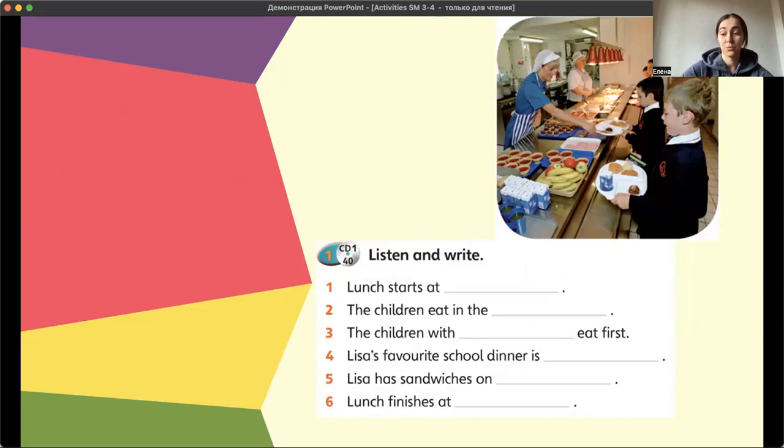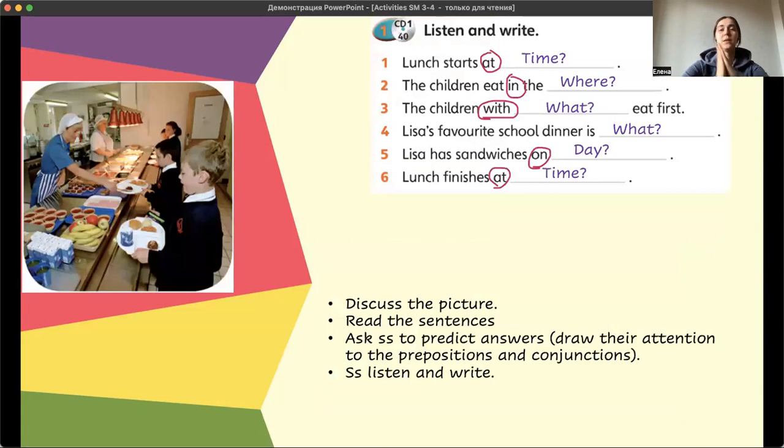So what I usually do, we discuss this picture first. Students tell me what they see, what food they see, how many children there are, where they are, what they are doing, and so on. And after discussing, we read these sentences all together, and I draw their attention to the prepositions and conjunctions.